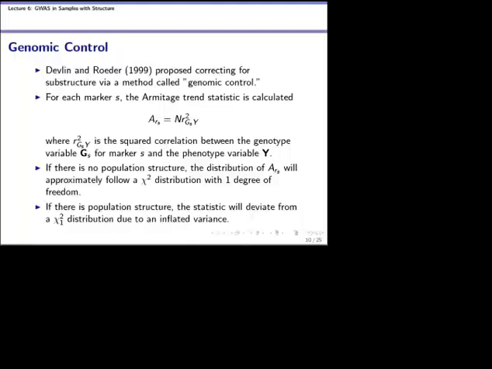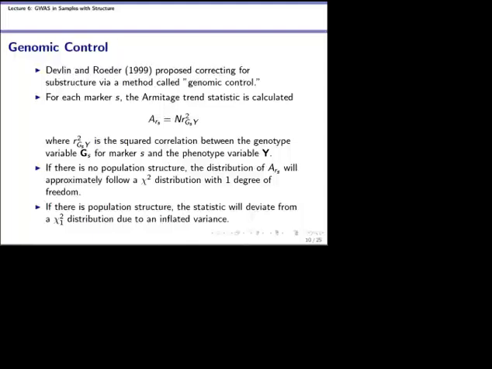This is what our data actually looks like, but we expect it to look like this. So it's shifted, because if there is population structure, then you have inflated test statistics. You have larger values than you would expect. Larger values lead to false positives if there's not a true association. But the vast majority of SNPs are not going to be associated with your trait.